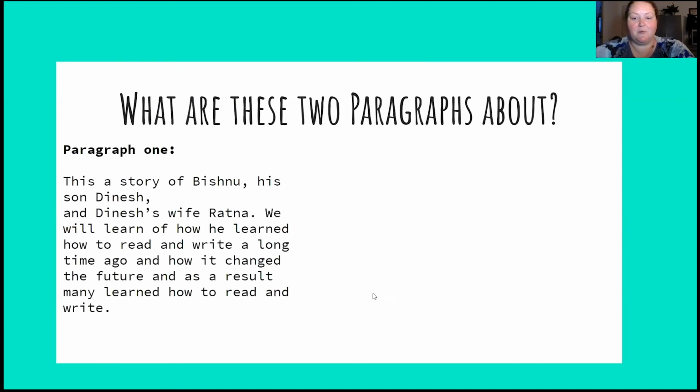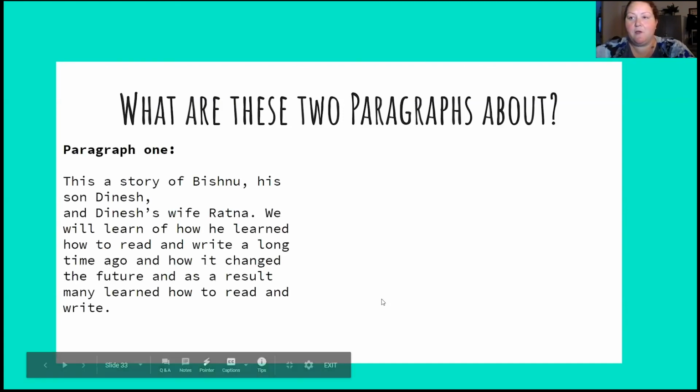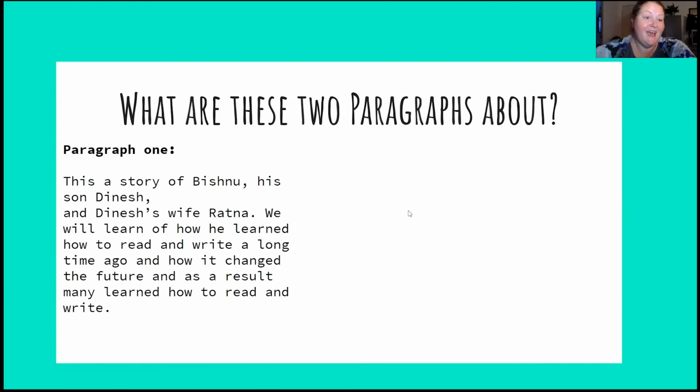All right, good job. So I went ahead and wrote down what I gathered from my supporting details. It is okay if you did not get the same ones as I did, and if you wanted to rewrite yours to look like mine, you can do that too. It's whatever you need to do to help you understand. So paragraph 1, I summarized it like this.